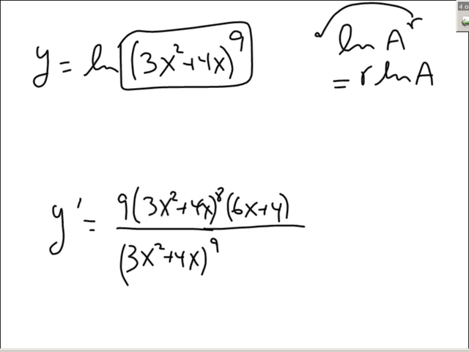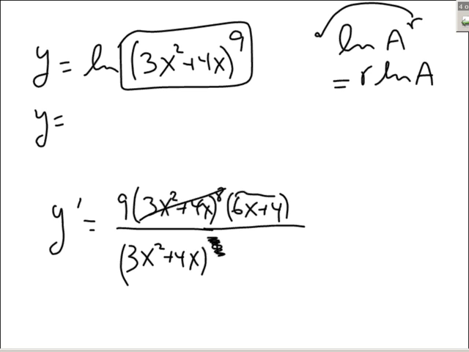That's one way. And I'll kill off 8 factors of 3x squared plus 4x on the top and 8 from the bottom. Well, 8 from 9 is 1. And then you can factor this, and then there's your answer, which isn't unreasonable.